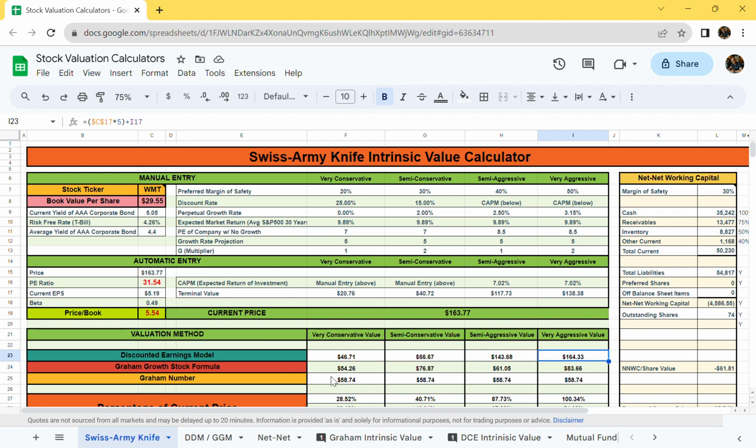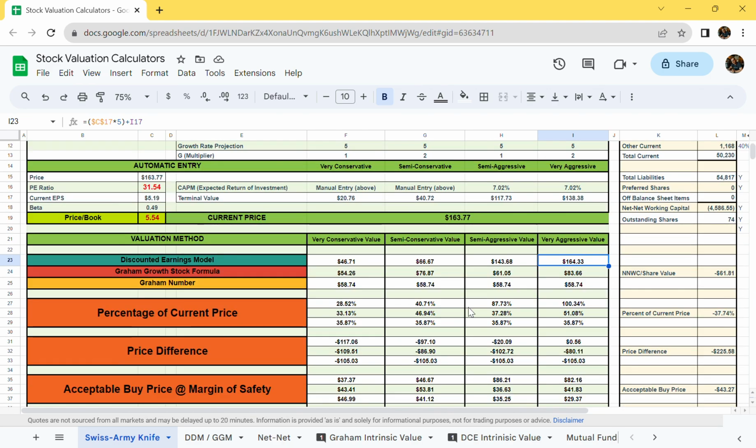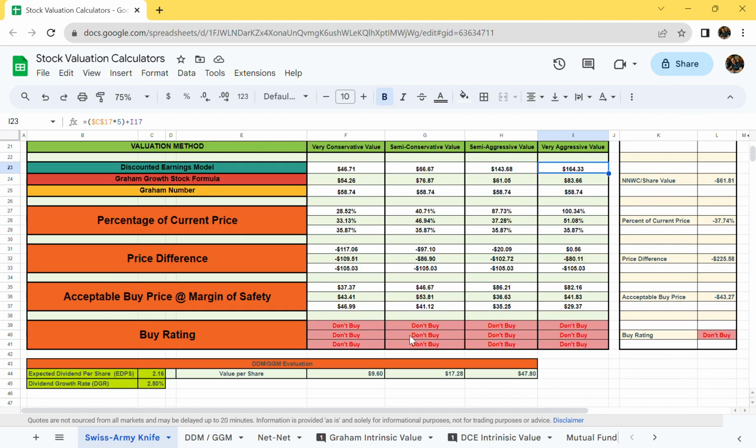Now, the caveat, of course, is I've used this in the past more as a screening tool than anything else, because I want to find companies that, using these value investing formulas, come out looking favorably to some degree.